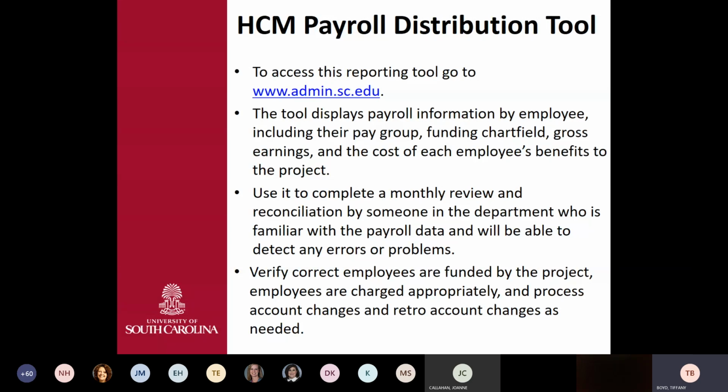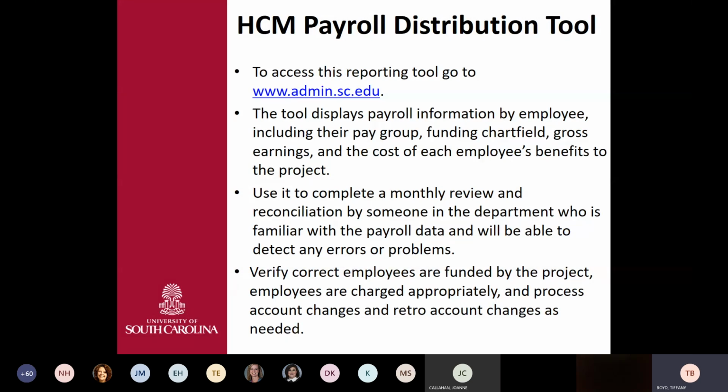And it gives you a complete review and reconciliation, and it allows you to verify employees are funded by the project, they're charged appropriately. That way you can do account changes and retro account changes as needed.